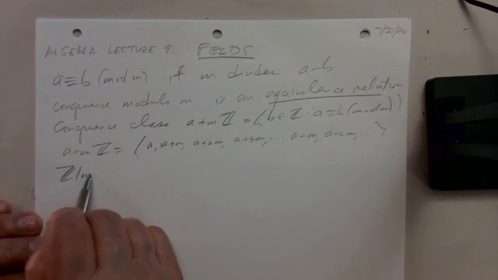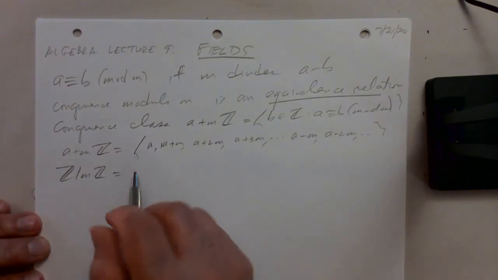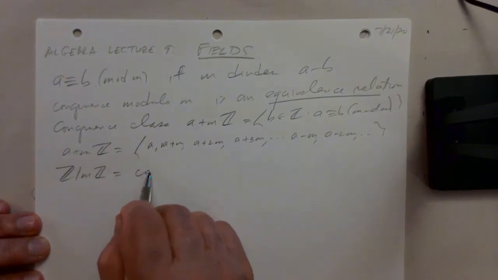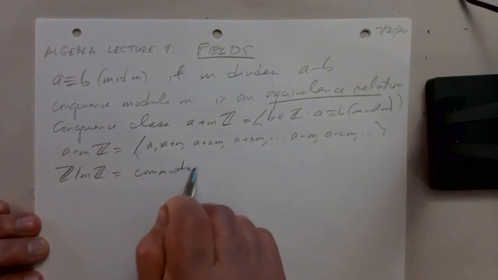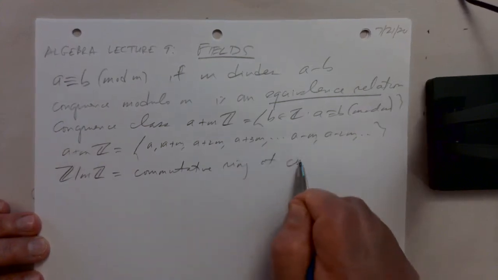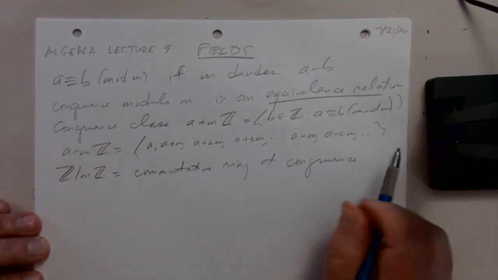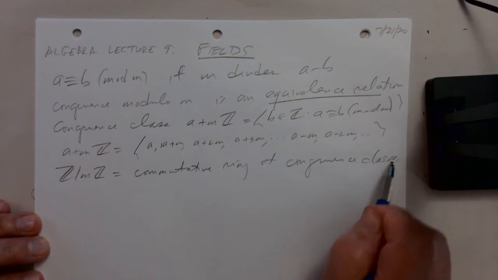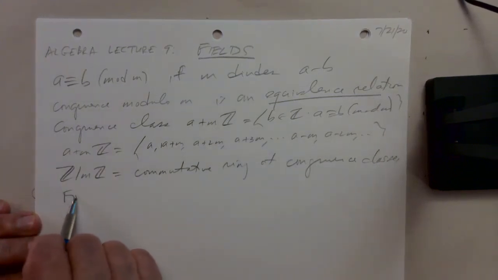And Z mod mZ is the commutative ring of congruence classes. This is a finite ring.